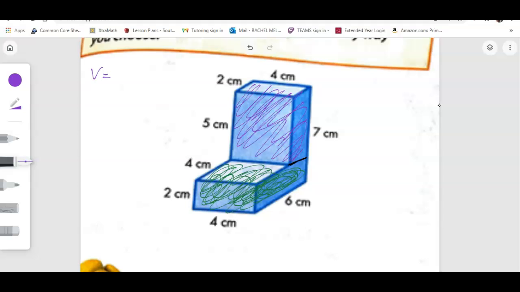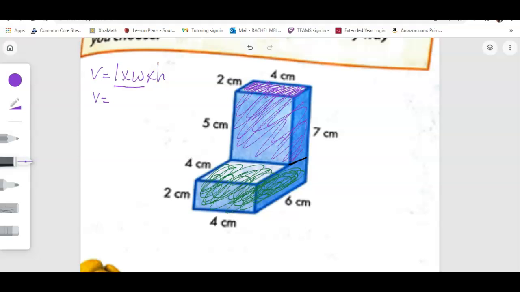Volume equals length times width times height. When you're looking at this, make sure you're paying attention to your dimensions. I'm only looking at this shape. If I'm looking at the length and the width, that means I have to look at the base shape, which is right here.